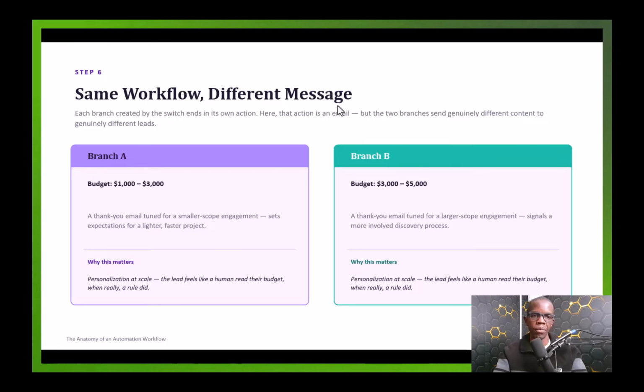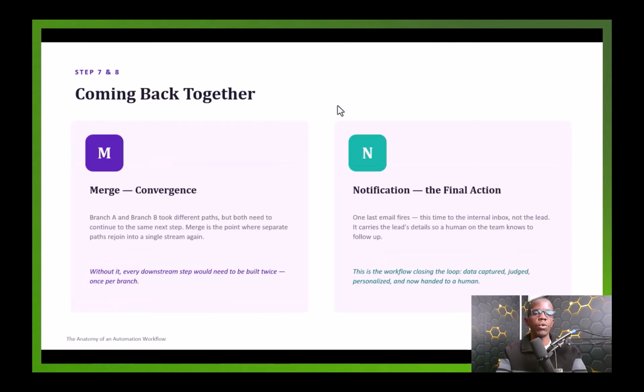You get the idea. So after that, we'll have what we call a convergence, or a merge. After we have done all these things, we want all these processes to end in a certain step. We don't want to leave them hanging, so that after we have sent all these emails, we can end with a notification.